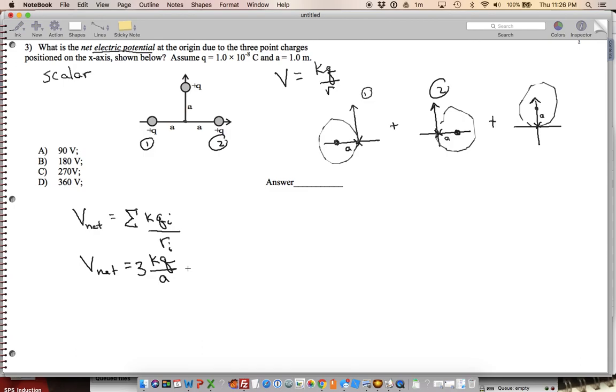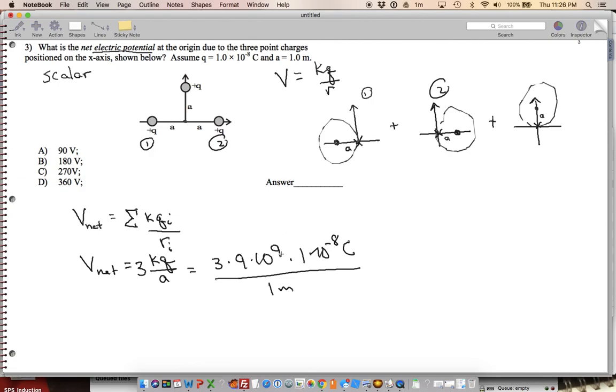So if I plug in, I'm going to have 3 times 9 times 10 to the ninth. I forget the units, but we could figure it out, but I'm not going to do it right now. And times the charge, which is 1 times 10 to the minus 8 coulombs, divided by my 1 meter. That's my a, little a meaning the distance from here to here.